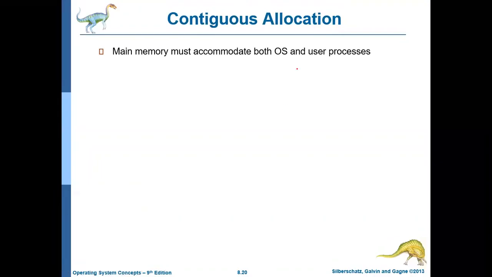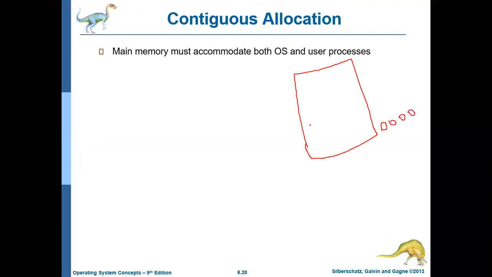Typically the operating system will be stored in the lower address, along with the interrupt vector table. The lower address may start either from here or from here. For our convenience, let us assume that the lower address starts from here, 000.